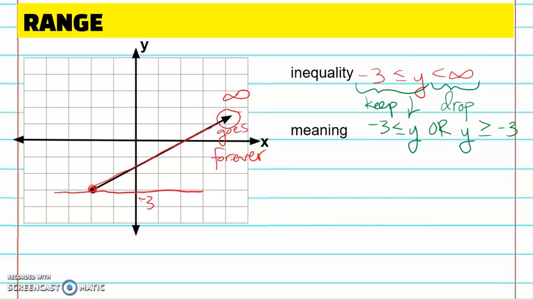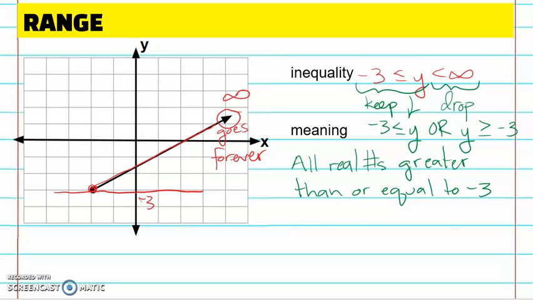Okay, so that's our range, and what it means is all real numbers greater than or equal to -3. Look, I'm at -3, and it's saying greater than goes up, right? Yep, my graph, that's where it exists, anywhere above that.